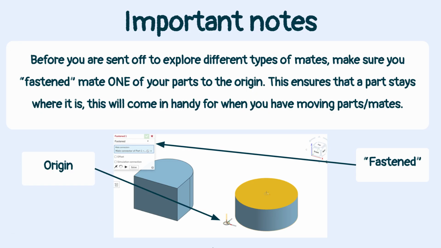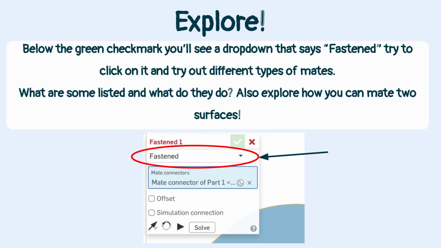So as you can see in this image, you have the fasten mate and you have the origin. So you click on the origin or the face first, and then click on the opposite, and then click on the check mark to fasten. Now that you've done that, we'll move on to exploring different mates.